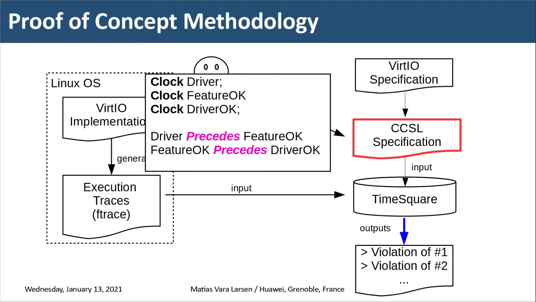For example, the different steps of the VirtIO specification can be translated into different events, which represent the setting of the different status bits. In this example, I defined 3 clocks which represent the occurrence of the events driver, feature OK, and driver OK. Then, since these steps must be done one after the other, I use the CCSL relation precedes to represent this relation.